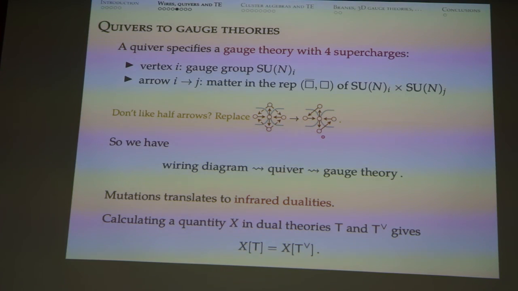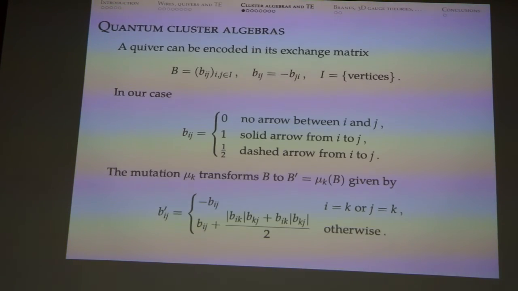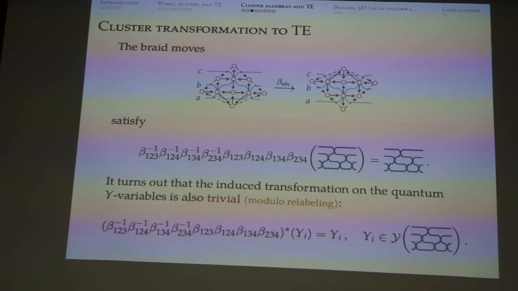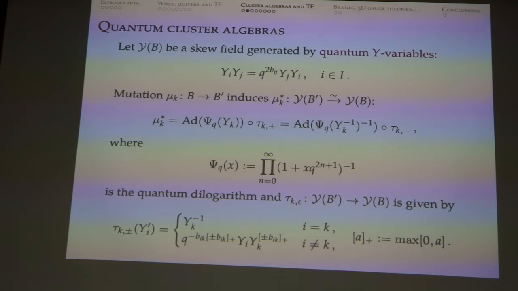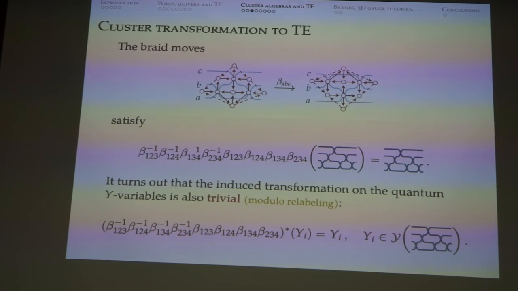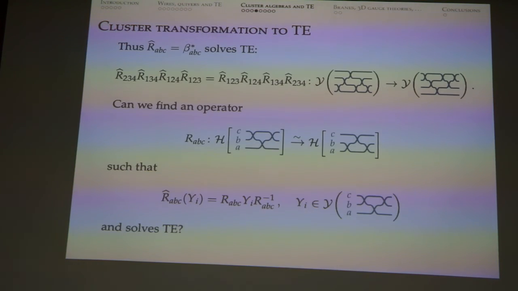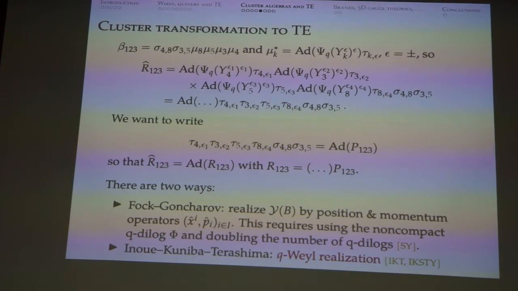And everything goes through until the point I realize these y variables using Q-vial algebras. So everything works until this point. And if you use the Fock-Goncharov way of realizing these y variables using momentum position variables, it works for both quivers.